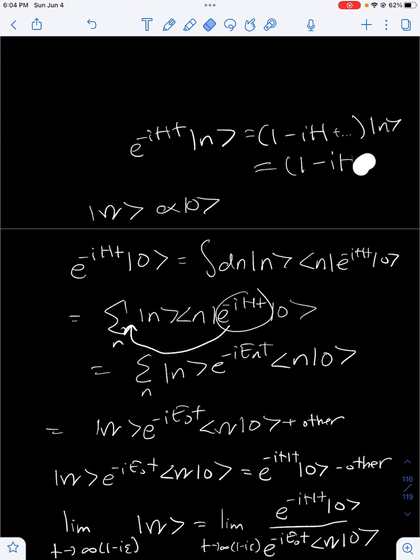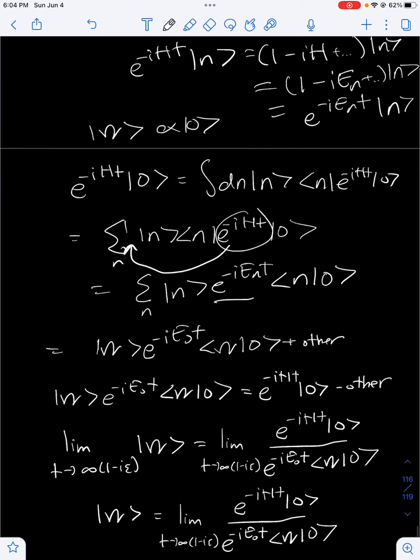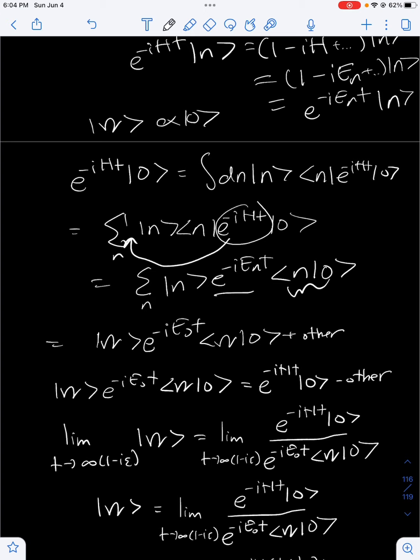And then H acting on n will give us, if it's an energy eigenstate, E_n acting on n, right? And this is just the Taylor series for e to the minus iE_n t acting on the energy eigenstate. So that's why we get this e to the minus iE_n t over here. And then here we have the inner product between the vacuum state and the energy eigenstate.